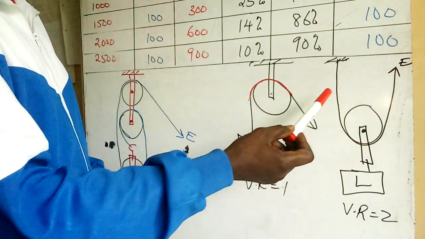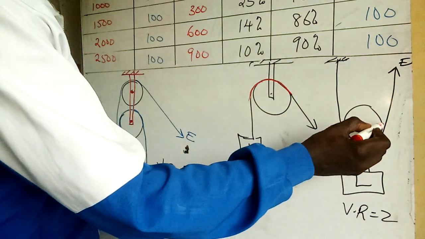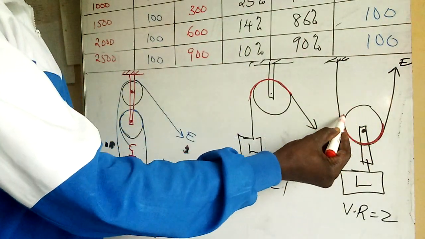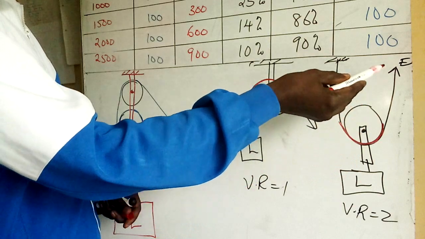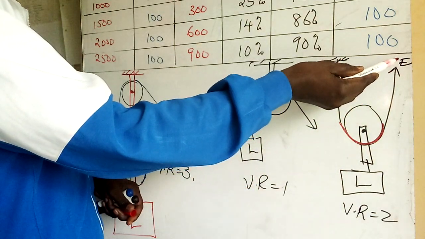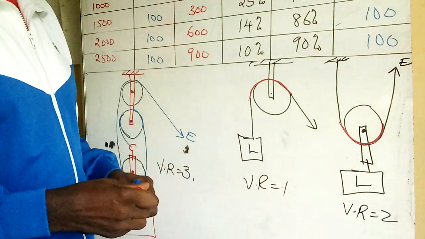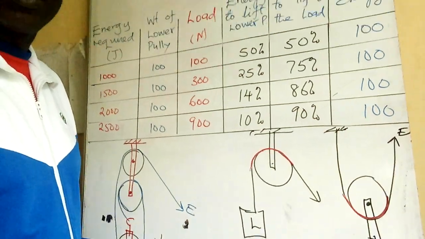Here velocity ratio is 2, so you have the friction here, and then this pulley has to move as you pull the effort. You place the effort here. As you pull it, this moves.